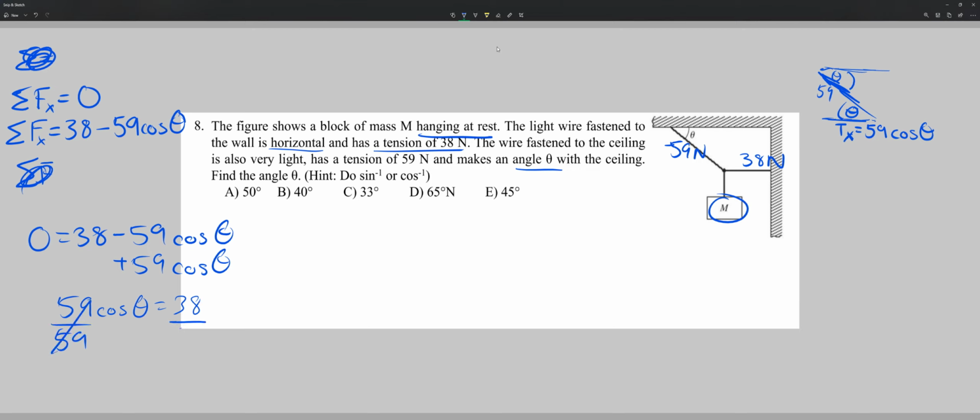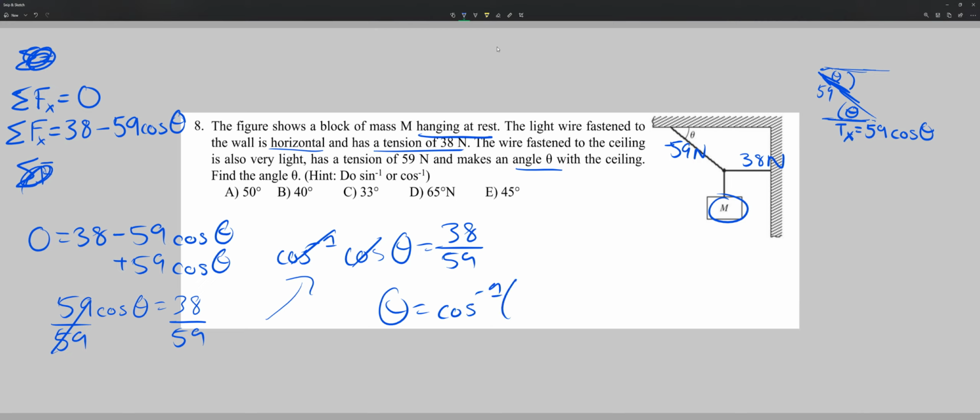Divide by 59 on both sides. So now we have cosine theta is equal to 38 divided by 59. To get rid of this cosine, we have to do cosine -1, which cancels out, and then we do cosine -1 on the other side.